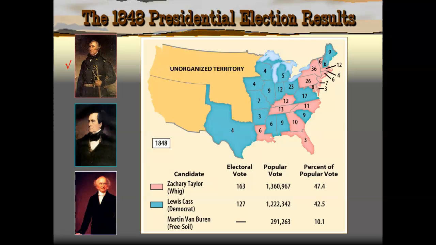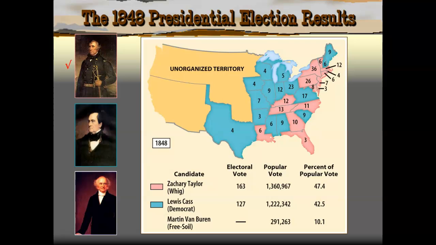And as the California issue starts to fan the flames a little bit, I want you to know that there are other things going on at that time that show just how divided the country was. One, there was a movement underway by 1850 to ban the slave trade in the nation's capital.